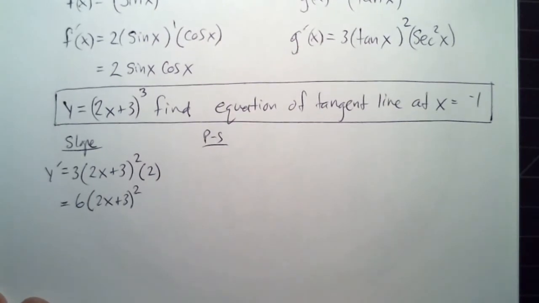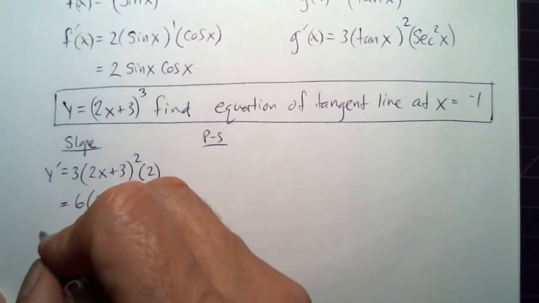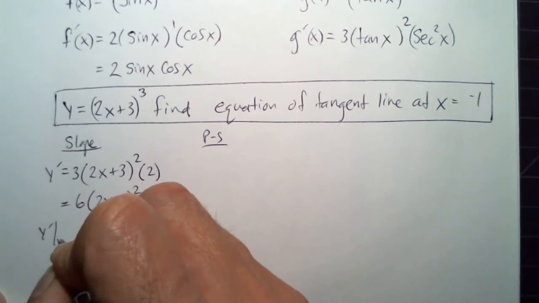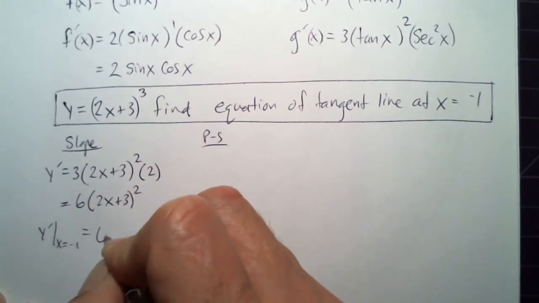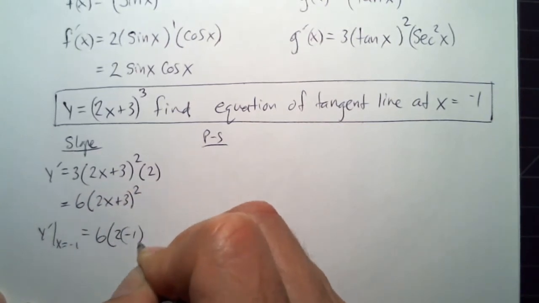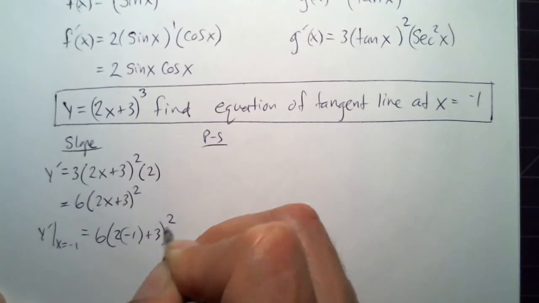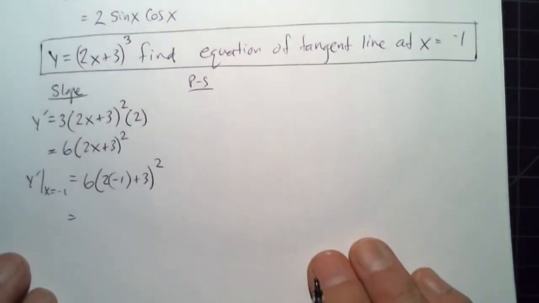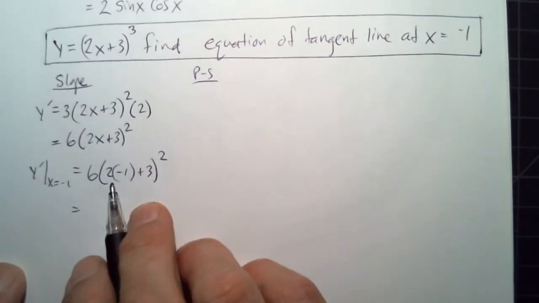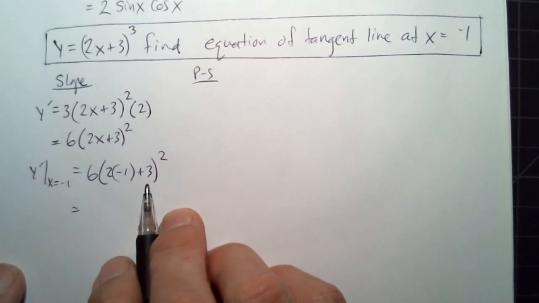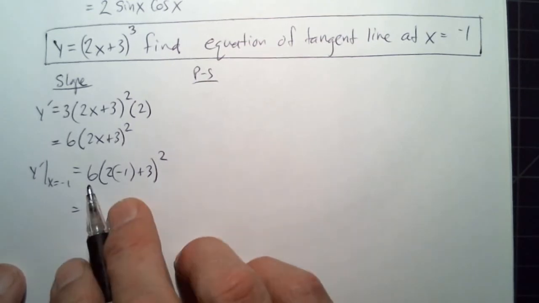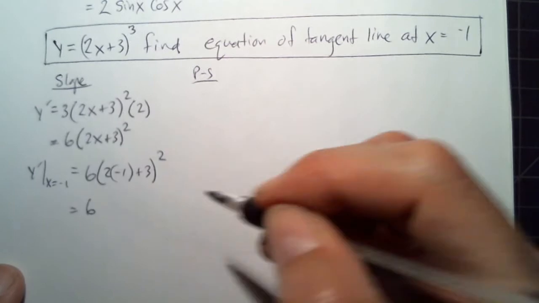We need to evaluate it at -1. y prime when x equals -1: -2 plus 3 is 1, squared is 1, times 6 is 6.